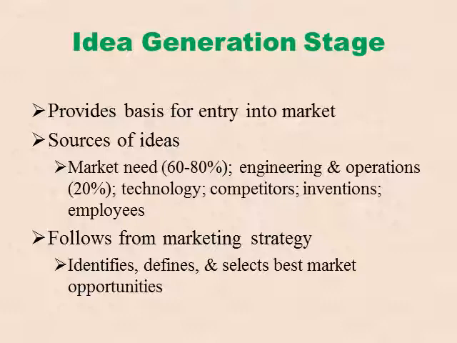Then identify, define, and select the market opportunity. It means first identify what the market opportunity is, or what the market demand or customer demands are, and if there is a very small quantity of that product in the market, then manufacture that product. Identify the products which are less available to customers.